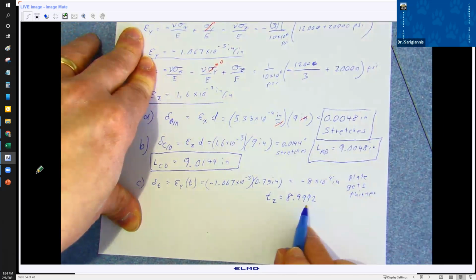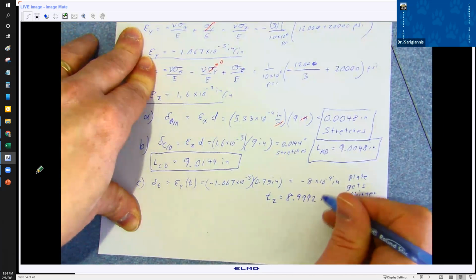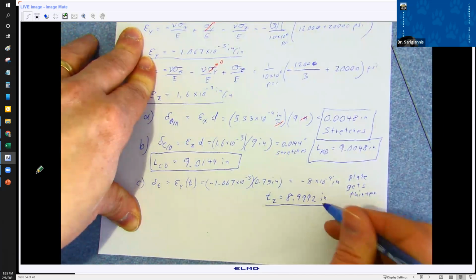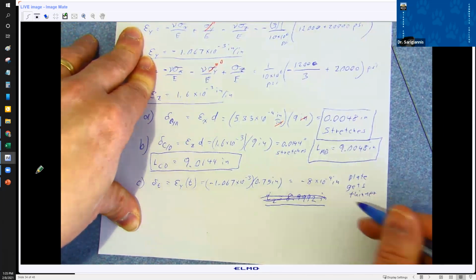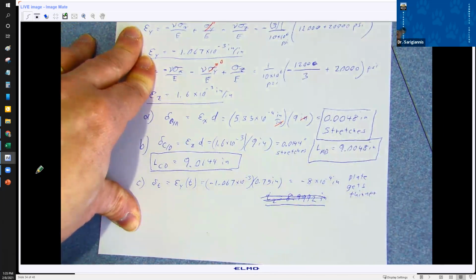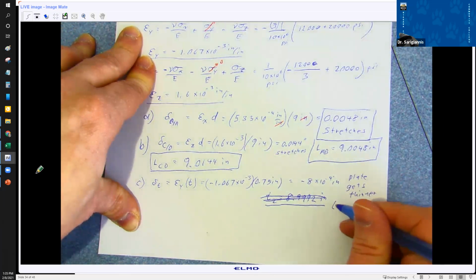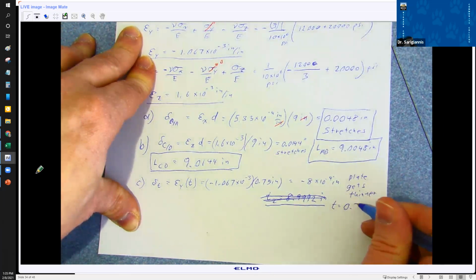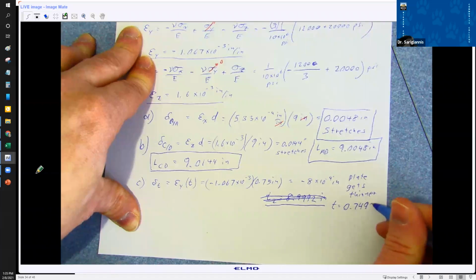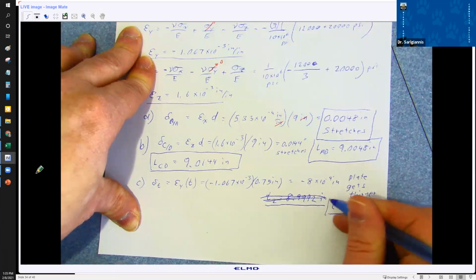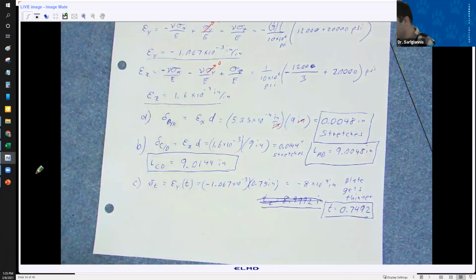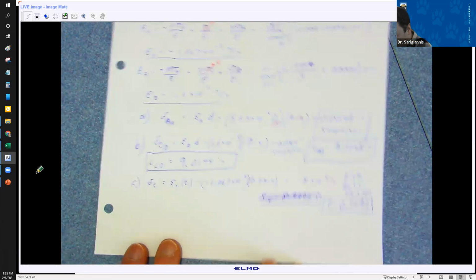Wrong, the thickness was 0.75. 0.75 minus 8 times 10 to the minus 4 gives 0.7492 inches. That would have been easier if I had not messed up. All right, that's the new thickness of the plate.